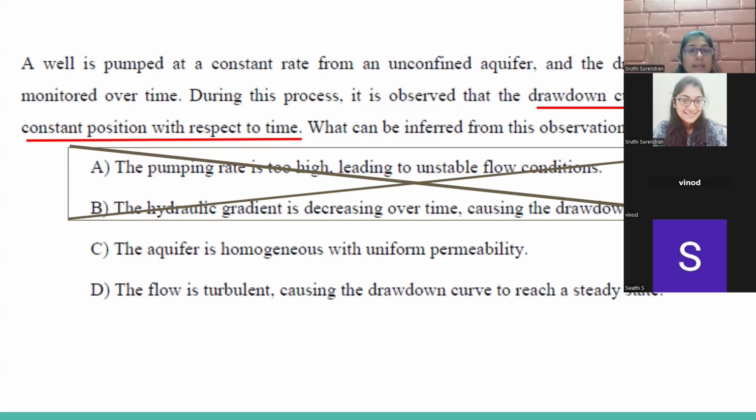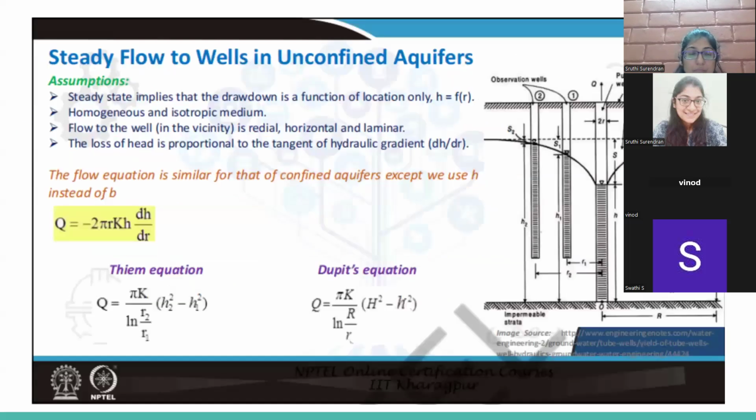Then the third option is saying the aquifer is homogeneous with uniform permeability, which is very close to the assumptions that we checked. They are saying that it has to be a homogeneous, isotropic medium. Homogeneous means all of the soil throughout the material has to be uniform.